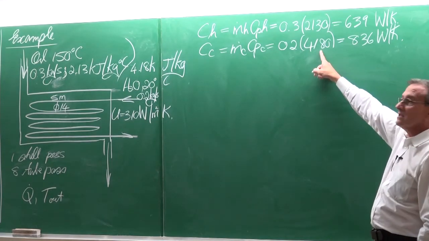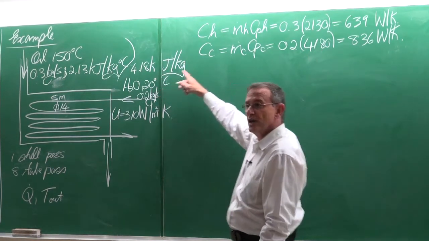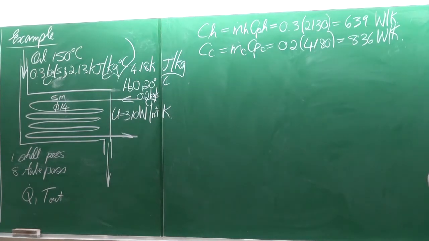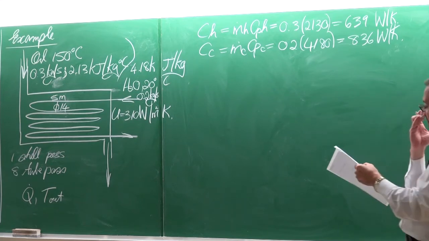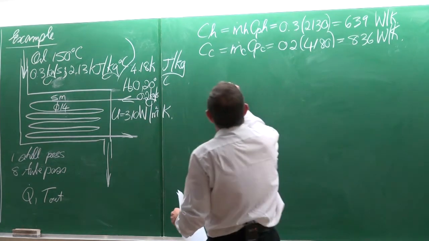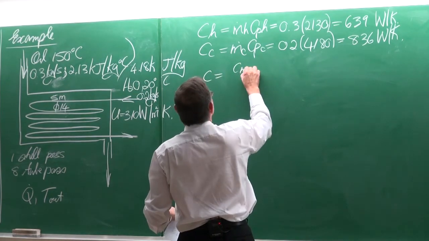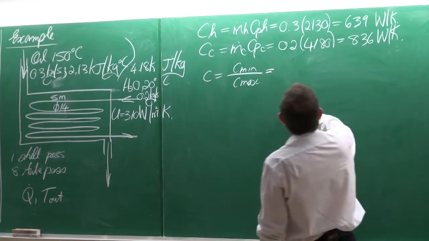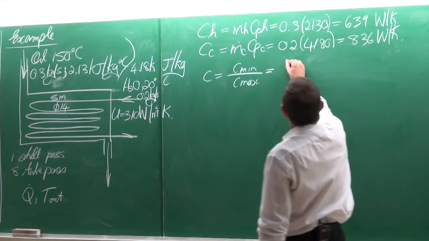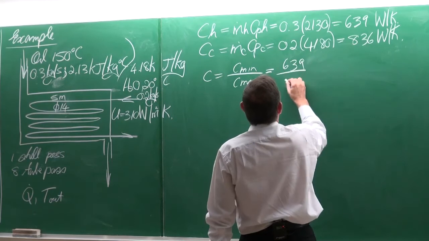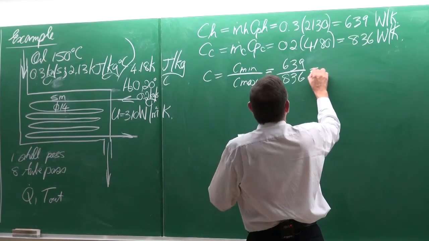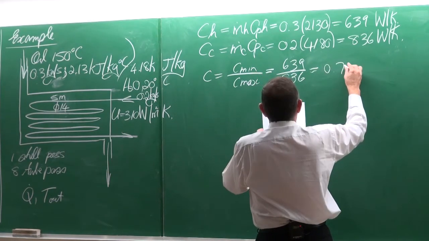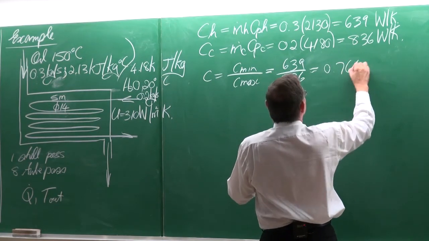Take note, this was in kilojoules per kilogram. Here it is written in terms of the total value of 4,180 and 2,130. Right, so now we can say C is equal to C minimum divided by C maximum. The smallest one is 639. The largest one is 836, and that will give us a value of 0.764.